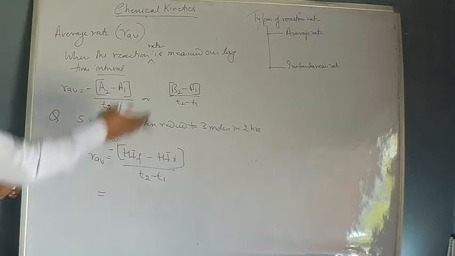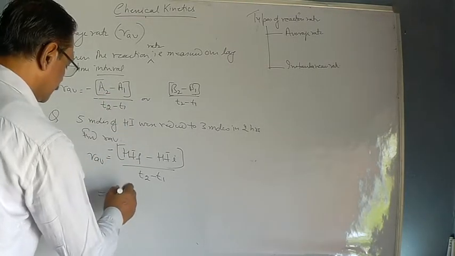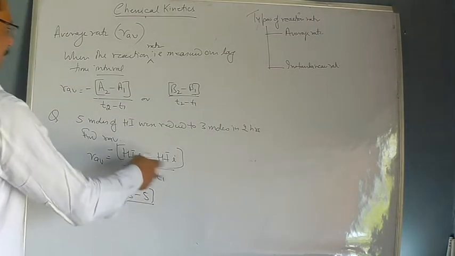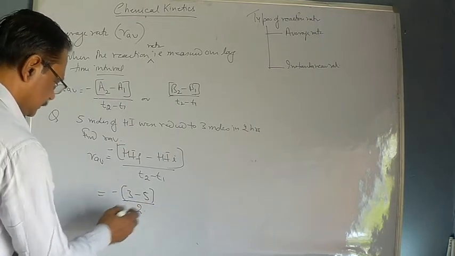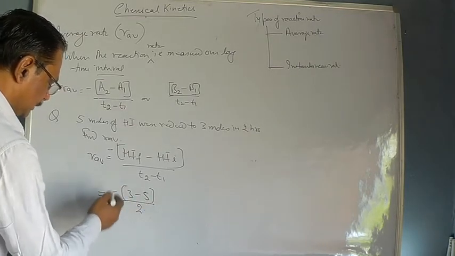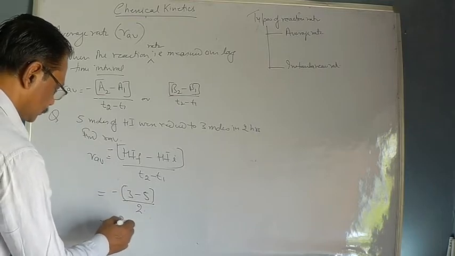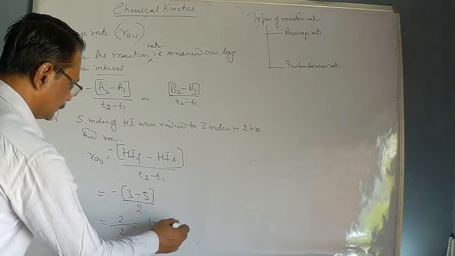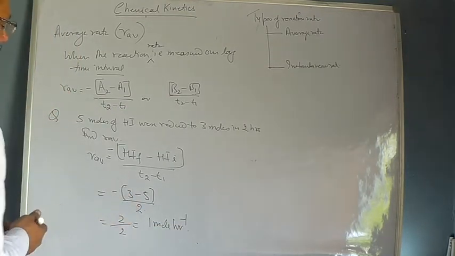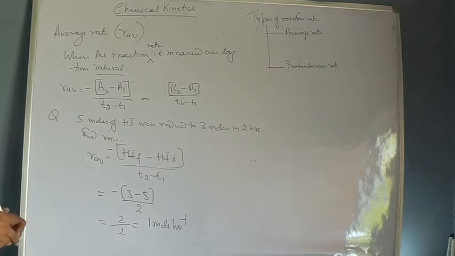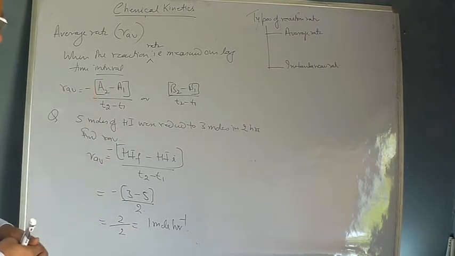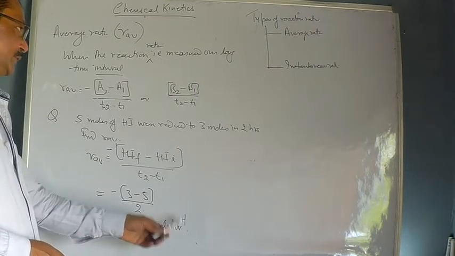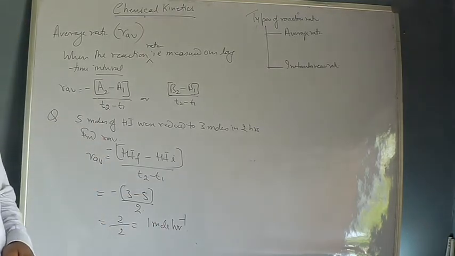Final concentration is 3 moles, initial concentration was 5 moles, upon time period 2 hours. So 3 minus 5 gives minus 2, and minus 2 multiplied by the negative sign gives positive 2. So we get 2 by 2, which is 1 mole hour inverse. If we divide by 60, we get the value in minute inverse. If we further divide the value by 60, we get it in second inverse. So here the answer is 1 mole hour inverse. This is your average rate.